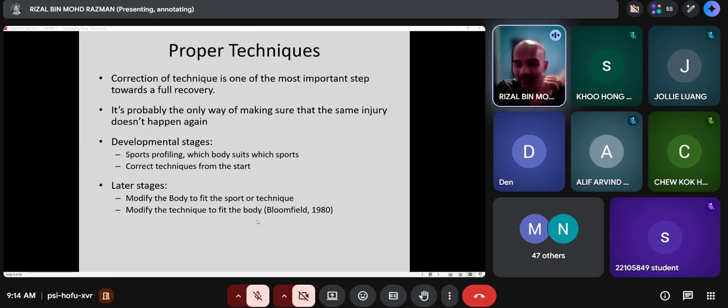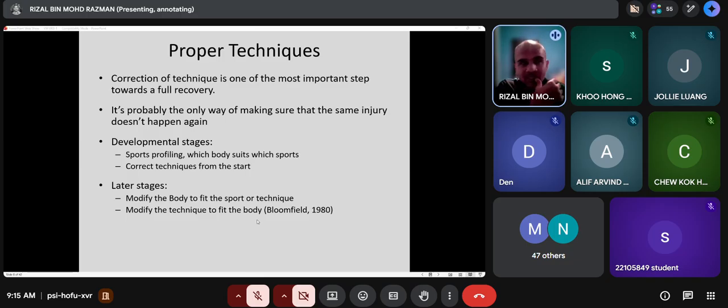Okay, ideally, even in football, you don't want short people. Of course, you have the outliers like Maradona and Messi. But most of the time, you want taller people so that they can also contribute during heading situations. But if you are short and stout, normally we send you to weightlifting, for example.